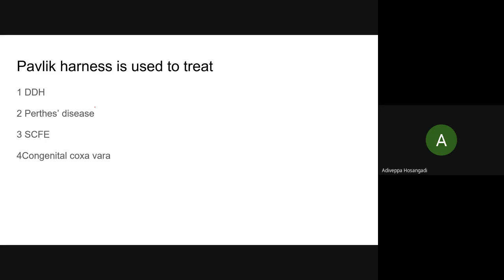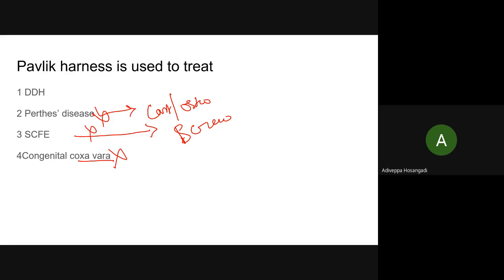Perthes disease, as I said, you are doing a cast for 18 months or doing an osteotomy. Slipped capital femoral epiphysis, I told you, you have to fix it with a screw. So this is ruled out, this is ruled out. Coxa vara is also ruled out because you have to correct it by osteotomy.